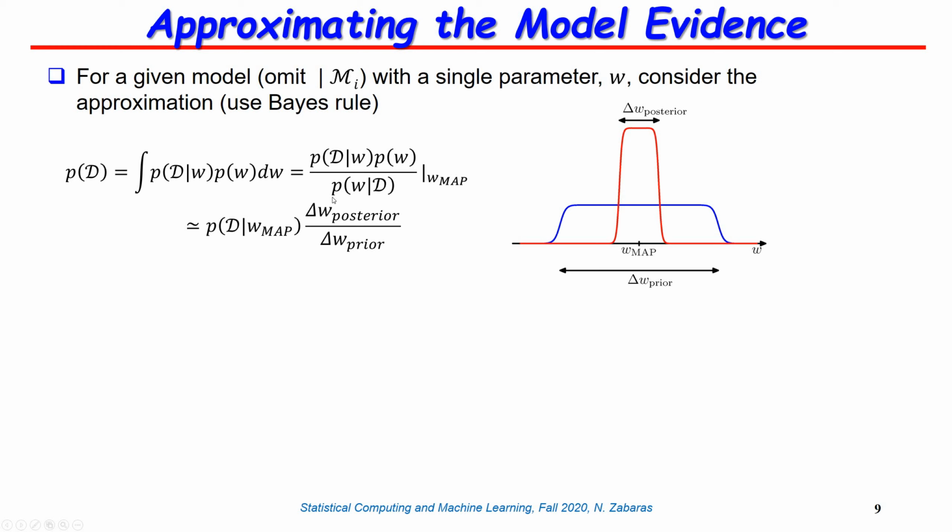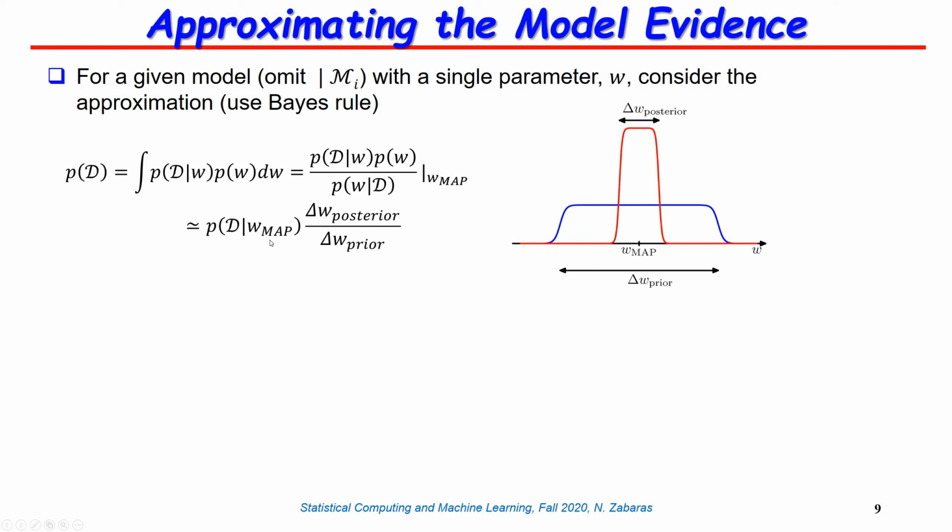And similarly, using a sharp posterior with a spread of delta W posterior that is much less than delta W prior, because you remember the more data you get, the more narrow your posterior becomes, this posterior becomes 1 over delta W posterior.